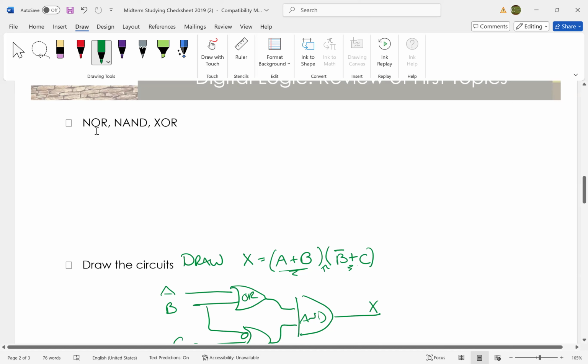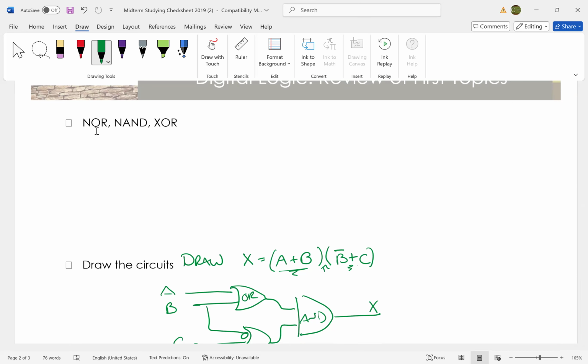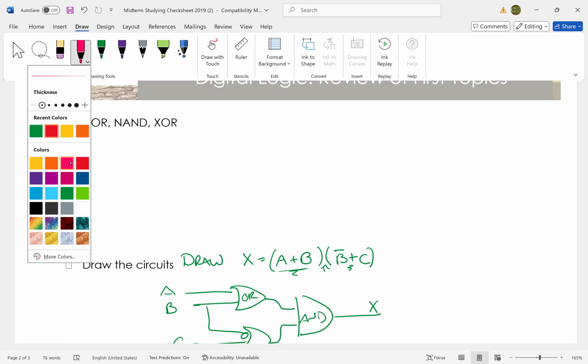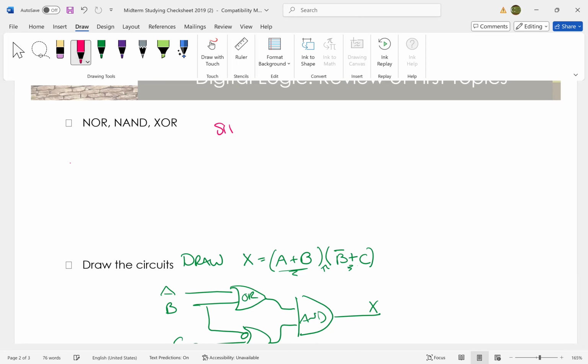Let's see. An exclusive OR, a unique exclusive OR type of question that's going to be helpful to you goes like this. Simplify an expression with exclusive OR in it.